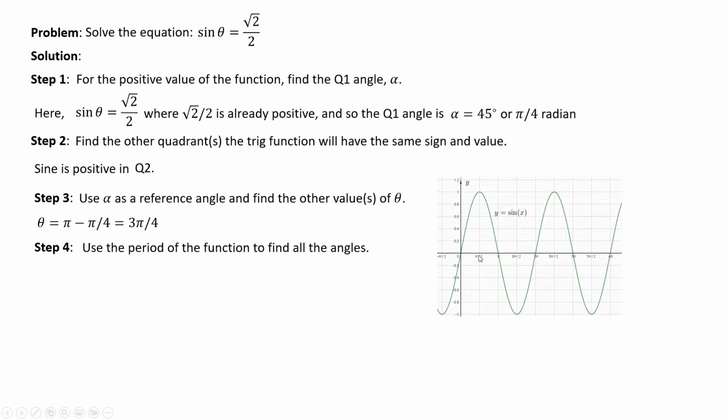This peak is at pi over 2. The second peak is at 5 pi over 2. So the difference between them is 5 pi over 2 minus pi over 2, which turns out to be 4 pi over 2, or in other words, 2 pi is the period of a sine function, right?